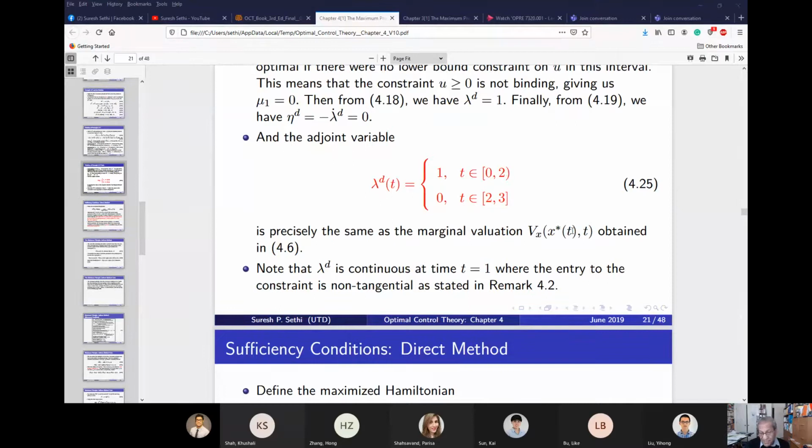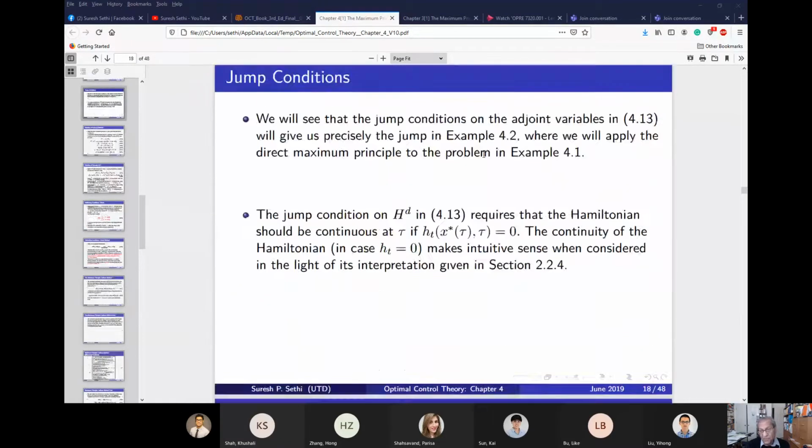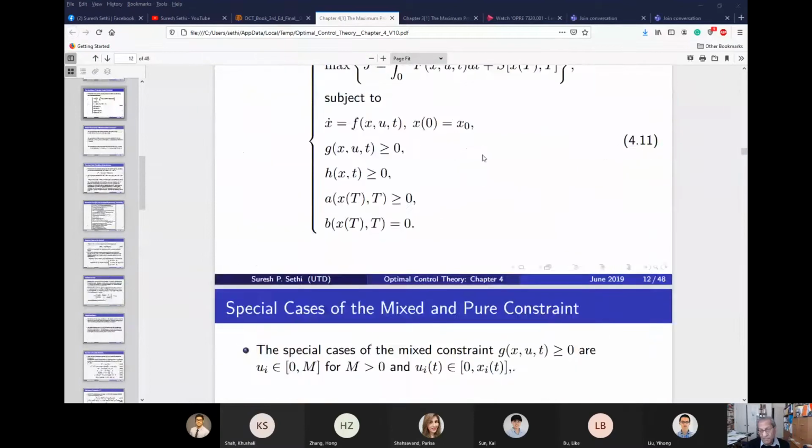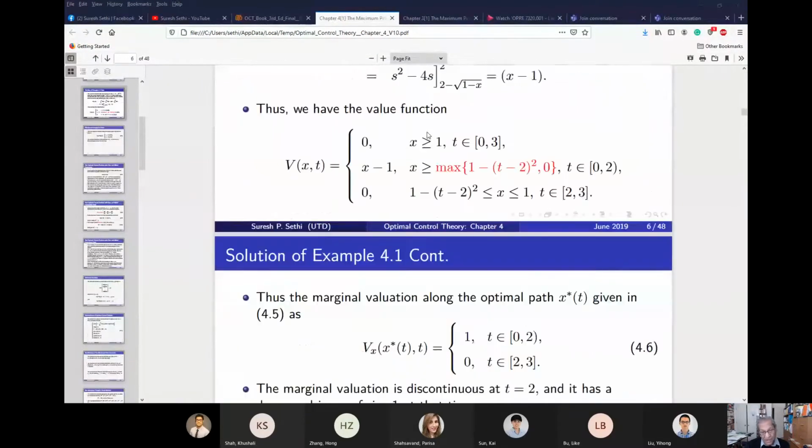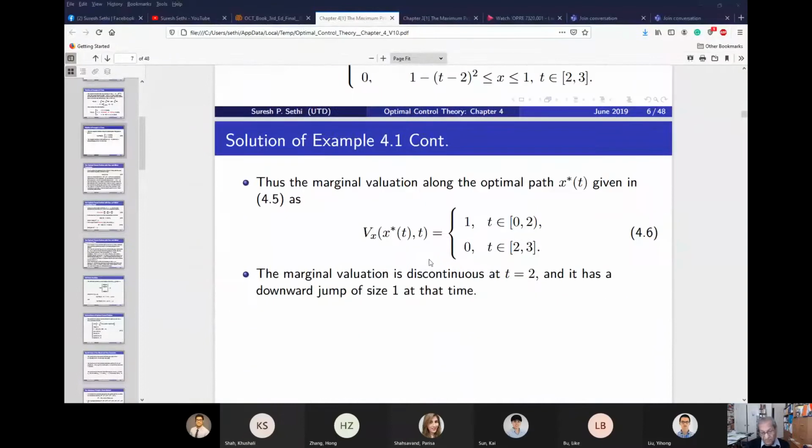This is exactly what we saw in 4.6, where we had a derivative of the value function, which we know exactly how to compute. We know this is the marginal value, and we know this is an optimal solution. All of this is straightforward. And now we can see that the maximum principle we apply gives exactly a jump, which is this jump in lambda.